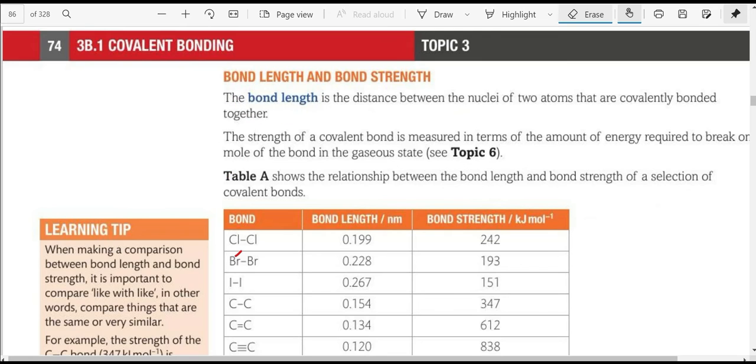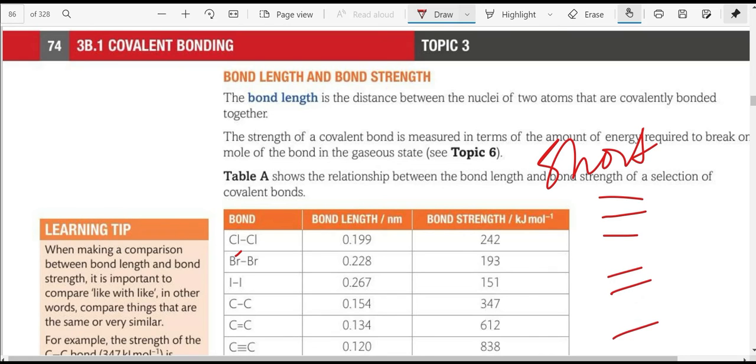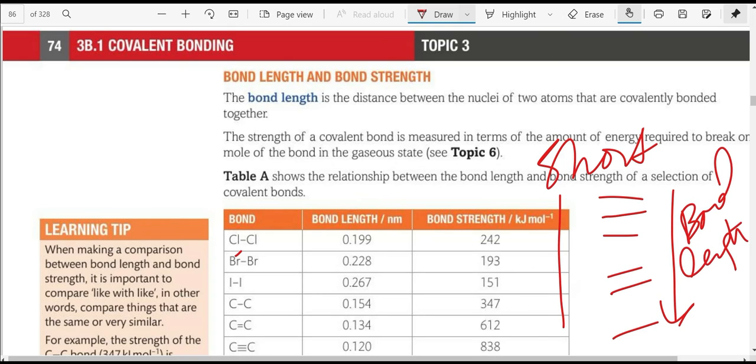Triple bond is the shortest, then double bond, and then single bond. Bond length. And energy needed, more energy and less energy.